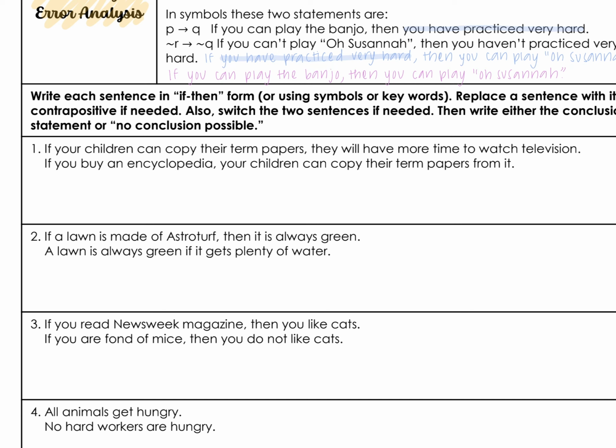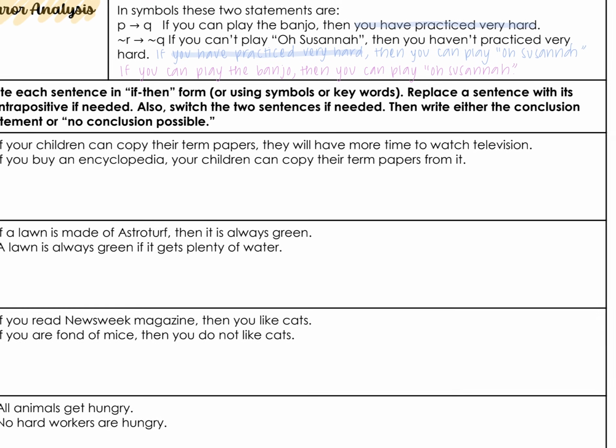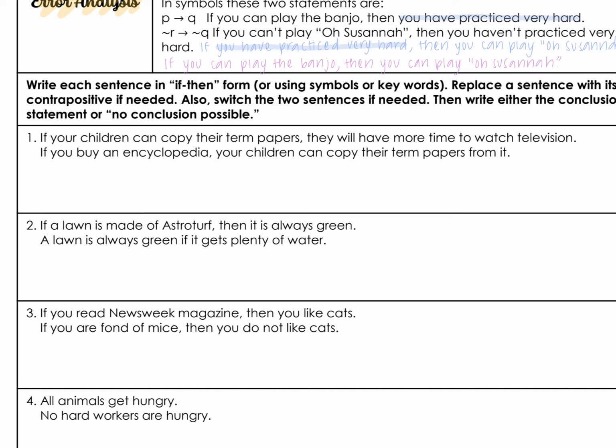For today's lesson, I'm going to mainly use colors because that's going to be helpful for me, and sometimes I might switch it up and use the words as well. But whatever works best for you is fine. Then they're telling us to replace a sentence with its contrapositive if needed. So only the contrapositive; we're not going to write the converse or the inverse. And we can also switch the two sentences if needed.